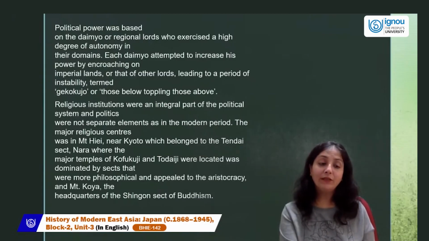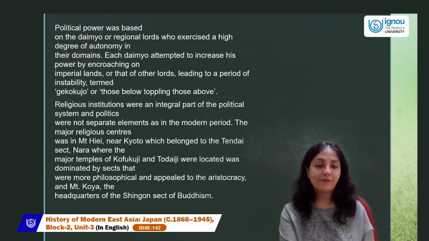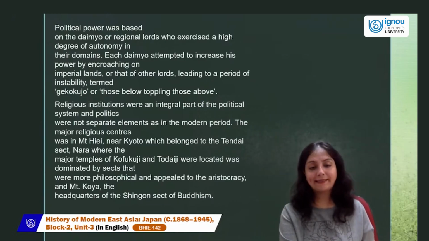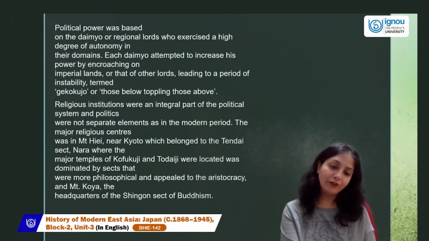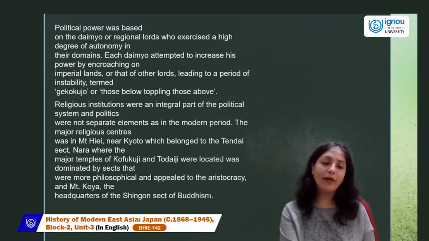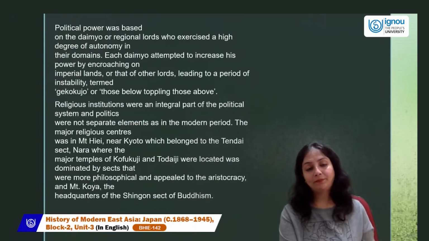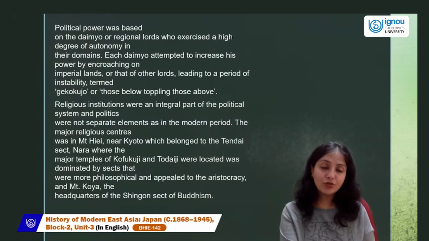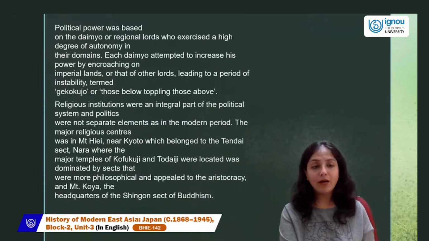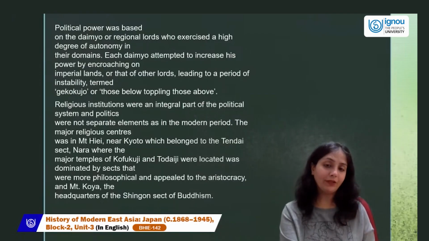Nara, where the major temples of Kofukuji and Todaiji were located, was dominated by sects that were more philosophical and appealed to the aristocracy, and Mount Koya was the headquarters of the Shingon sect of Buddhism.